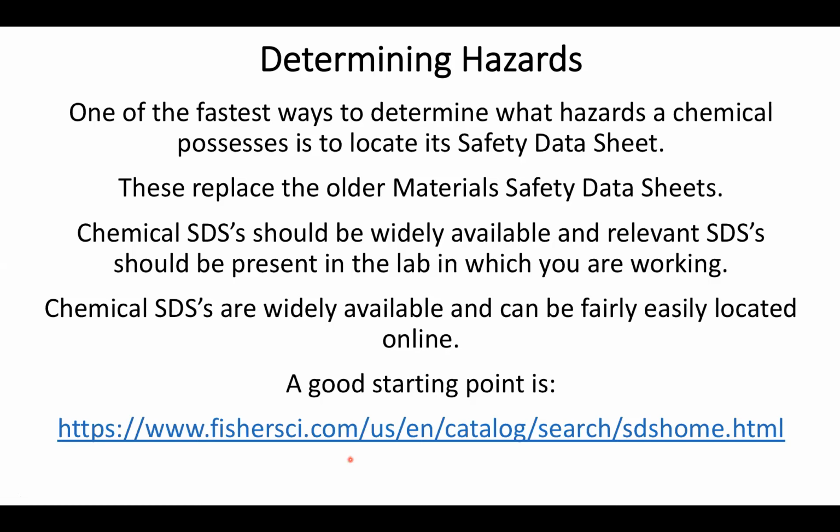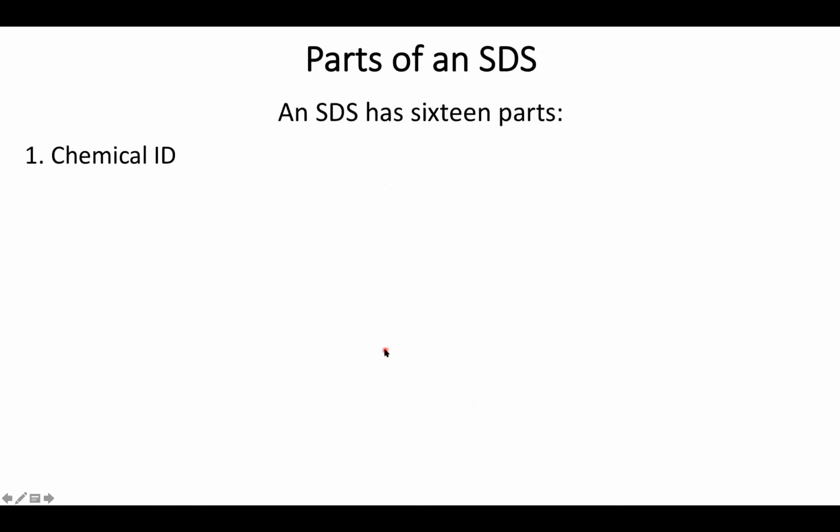So what's available on an SDS? It's composed of 16 parts that are mostly self-explanatory. The chemical ID information, which may include multiple different chemical names, as many chemicals will be recognized by several different names, as well as things like CAS numbers.